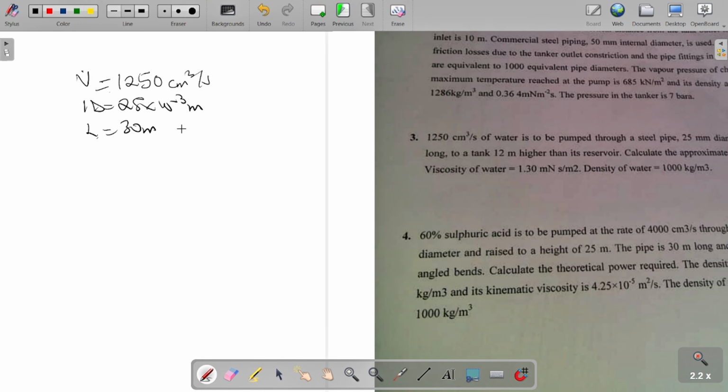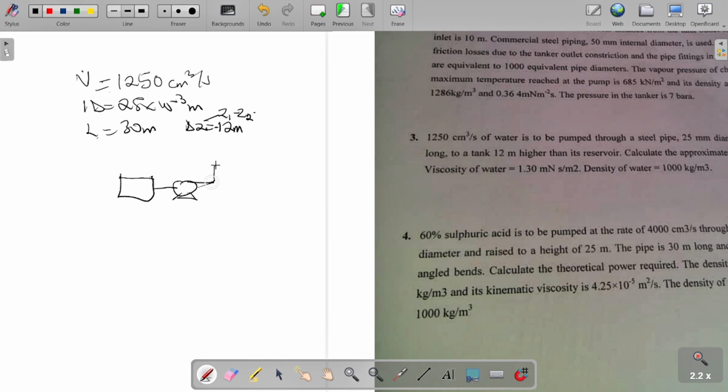Then I have the change in Z over here to be what? My 12 meters, but it's negative 12 meters. Why is it negative 12 meters? Because the change in Z over here is Z1 minus Z2, right? And if you are looking at how we are pumping the thing, we have the reservoir over here. So we have the water level, then we have the pump right over here.